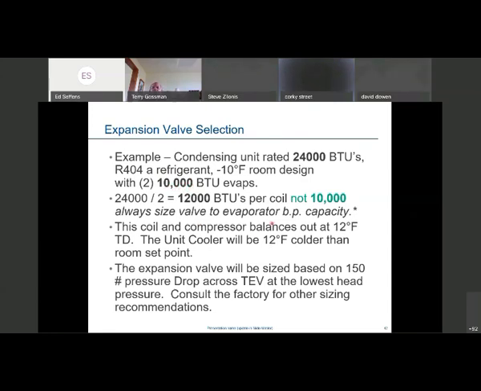But if we take a look at a 12-degree temperature difference between the evaporator and the space we're trying to cool, our capacity actually goes up a little bit on those evaporators. So in that sense, we now have two evaporators that are balanced to the condensing unit itself at a 12-degree temperature difference. Those ratings are available if you look at the evaporators.